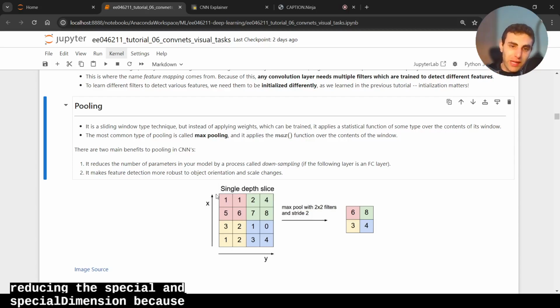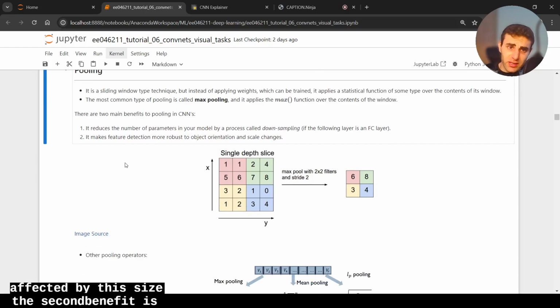If you flatten 4 by 4, you get 16, and if you flatten 2 by 2, you get 4. So the number of weights in the fully connected layer will of course be affected by this size. The second benefit is that pooling makes feature detection more robust to object orientation and scale changes.